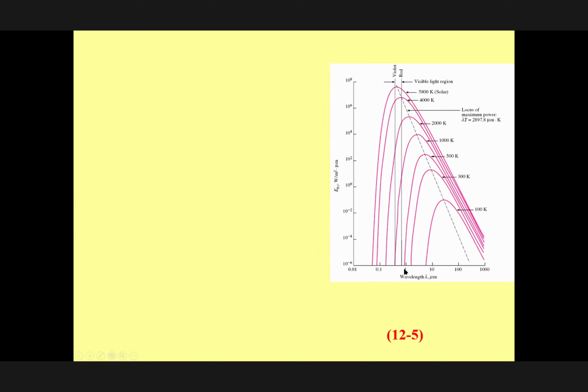If I look at the human body, if I assume my body is a perfect black body, this amount of energy is emitted from it. At this wavelength, for example, it is that amount of energy. But if I calculate the total area under this curve, the total area is equal to sigma T to the power 4.